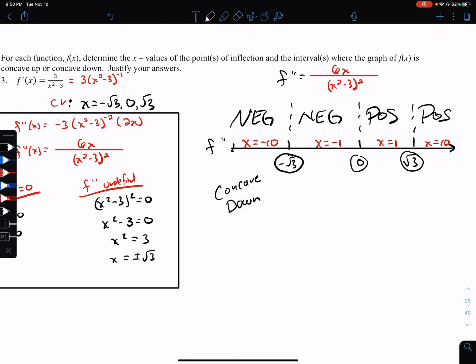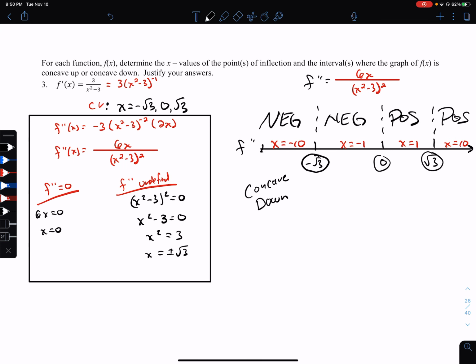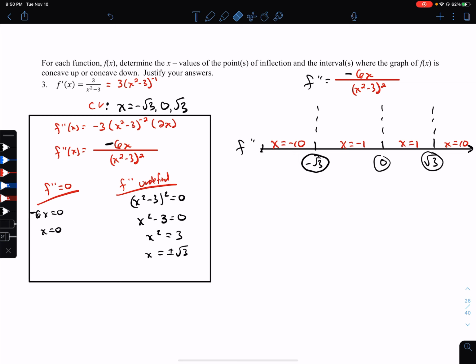Hold on a second. Oh, I made a mistake. This is a negative 3 times a 2x, which is negative. That does not affect this work over here, but it certainly affects each of these. I apologize. Let's redo. Sorry, I did not catch that earlier.